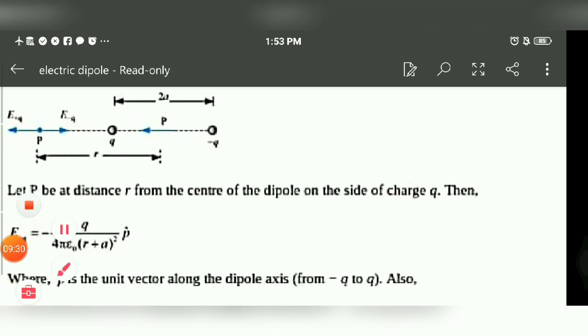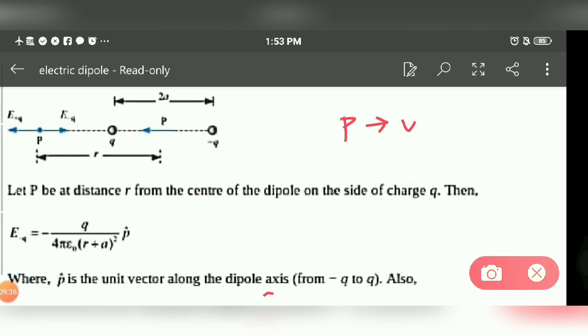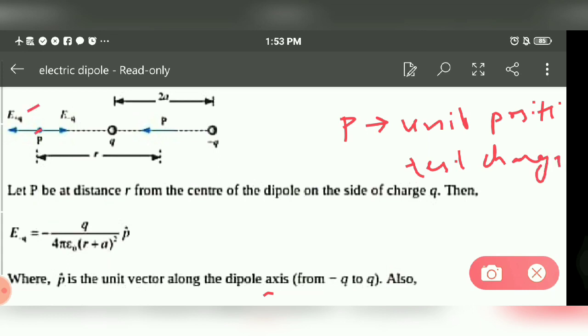If we want to express it in vector form, at point P we take a unit positive test charge. Now this is the negative charge, and this is the positive charge. So what is the field going to be?